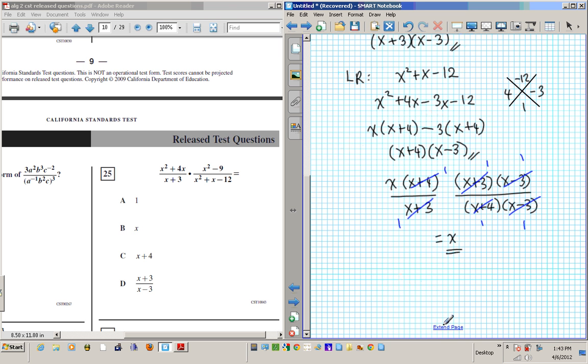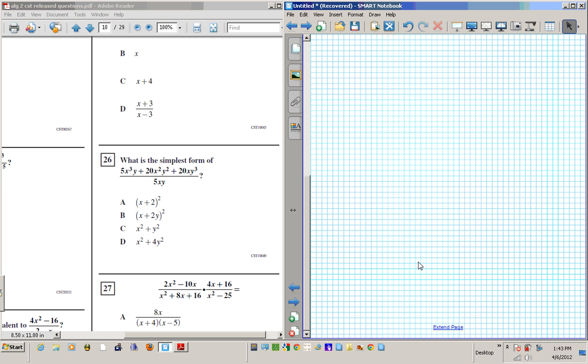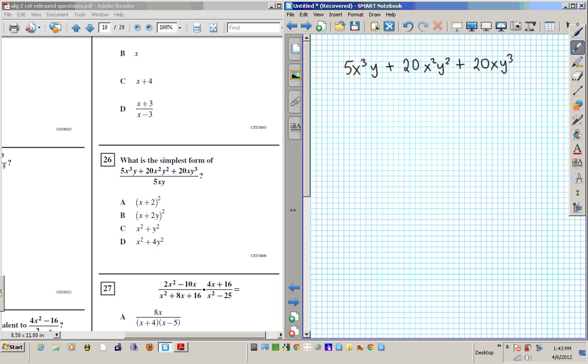Alright, now let's move along to question 26. It says, what is the simplest form of this whole nine yards right here? 5x to the third y plus 20x squared y squared plus 20xy to the third, divided by 5xy.